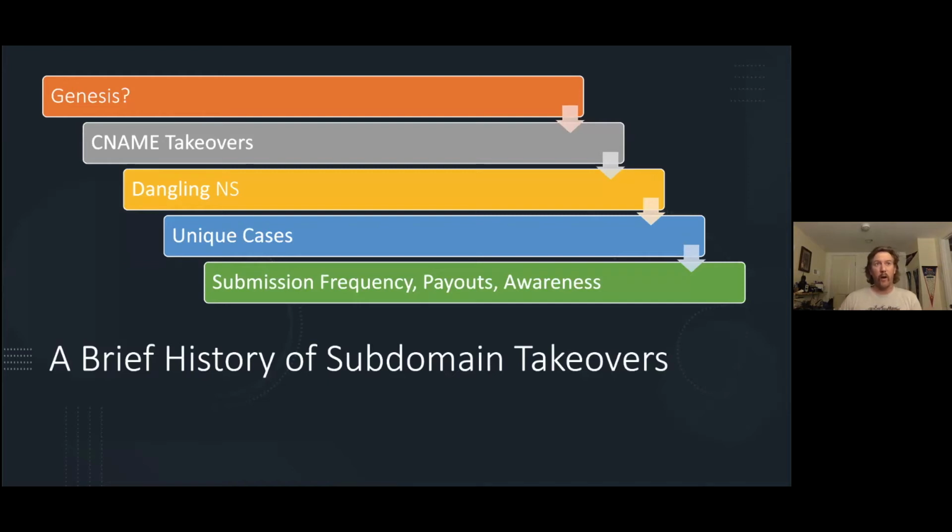I'll cover what I see as the genesis of this, of where this originally hit mainstream. The 2 big ones that we deal with a lot are CNAME takeovers and dangling name servers, and I'll talk about some of the caveats with those. I talked a little about the frequency leading into this, but we'll cover these things as we move forward.